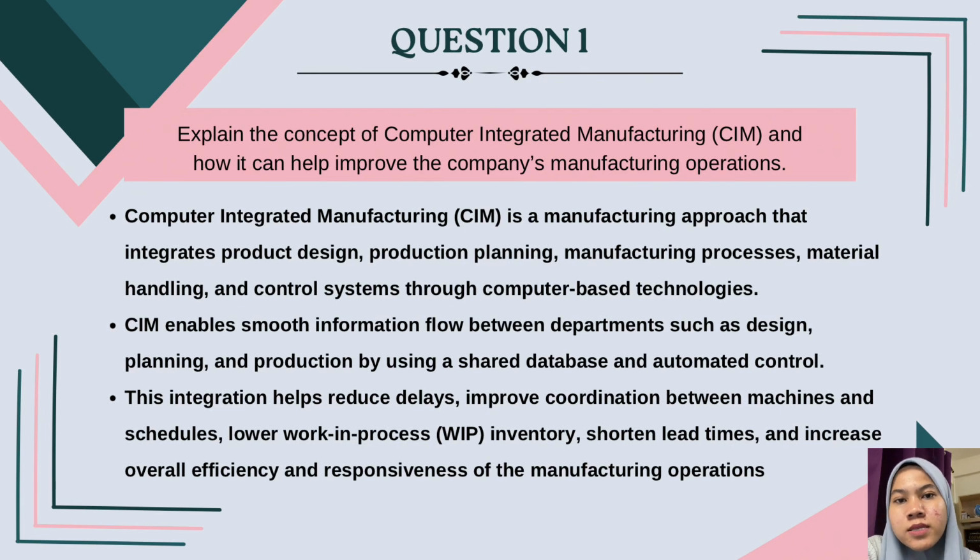So basically, CIM is a manufacturing approach that integrates product design, production planning, manufacturing process, material handling, and control system through computer-based technology. CIM also enables smooth information flow between departments by using a shared database and automatic control. This integration helps reduce delay, improve coordination between machine and schedule, lower WIP, and shorten lead time.